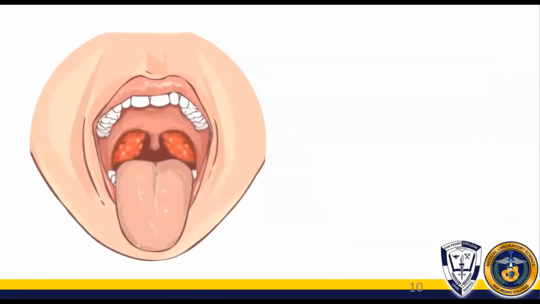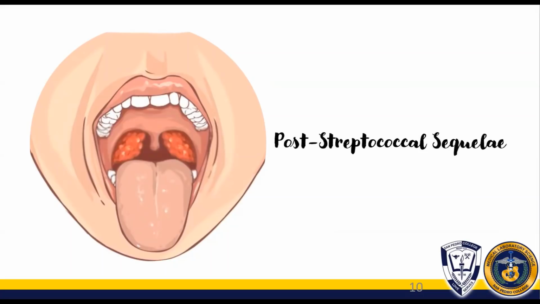However, some people don't have any symptoms during a streptococcal infection, no? And they may not know that they already need a treatment. When this happens, untreated streptococcal infection can lead to future complications. And these complications are termed as post-streptococcal sequelae.